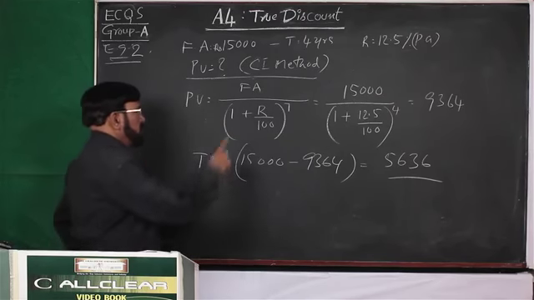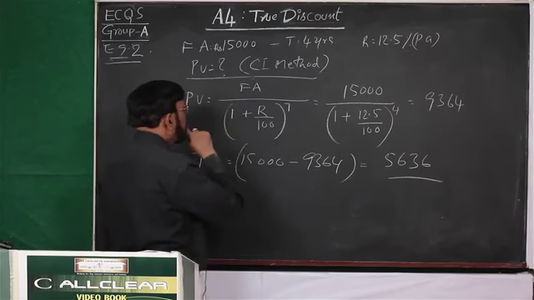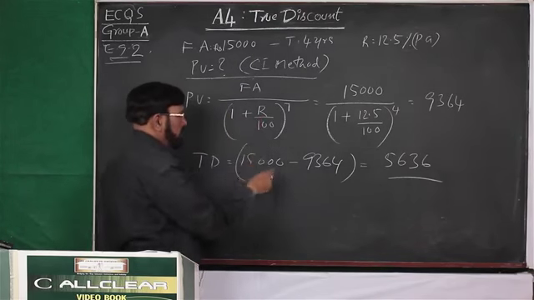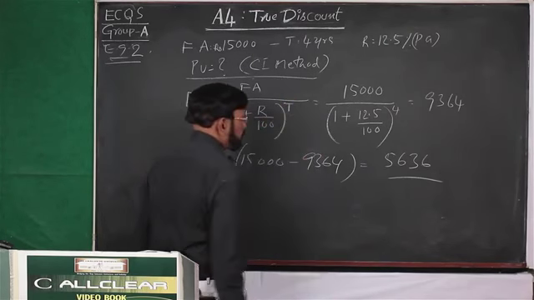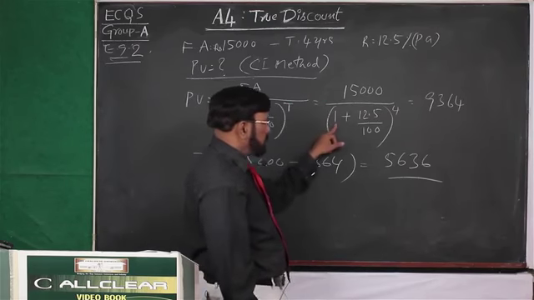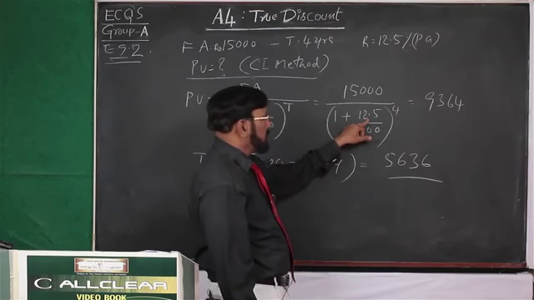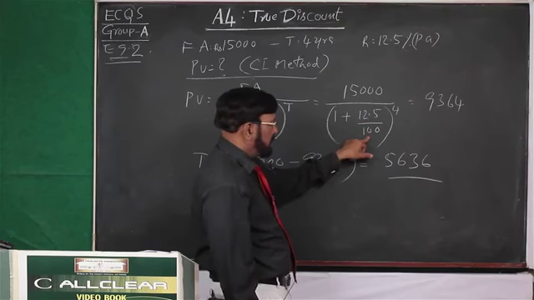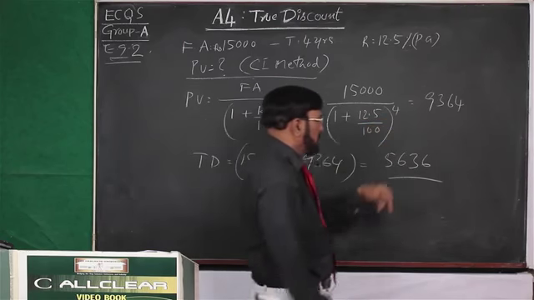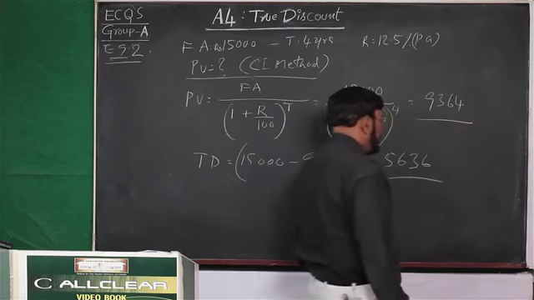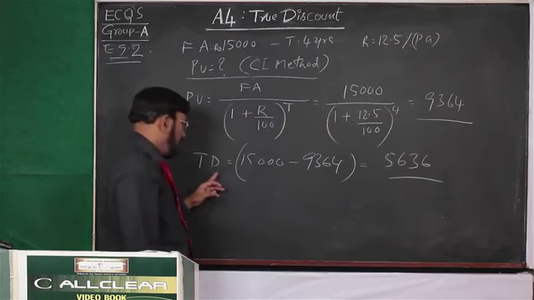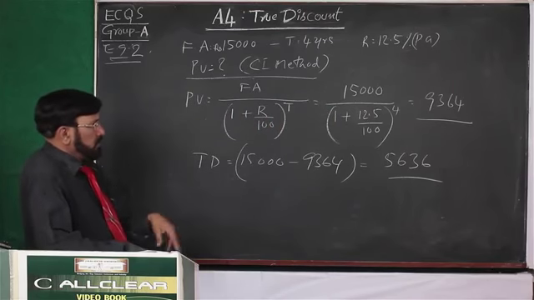The formula is future amount by 1 plus R by 100 to the power of T. Then 15,000 by 1 plus rate 12.5 by 100 to the power of 4. That comes to 9,364, and that is PV.